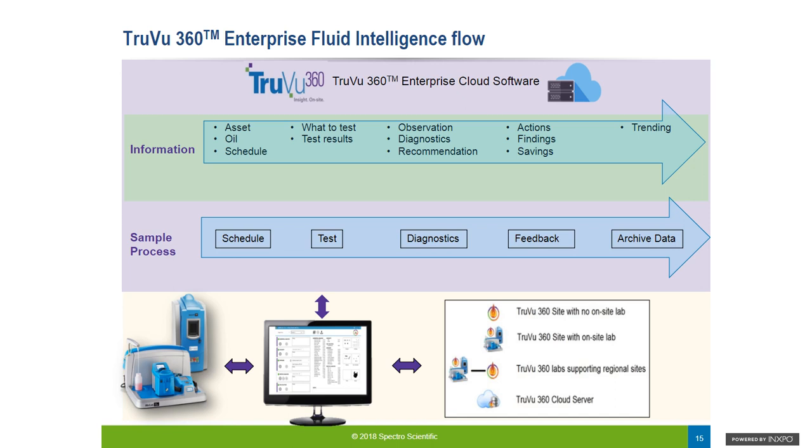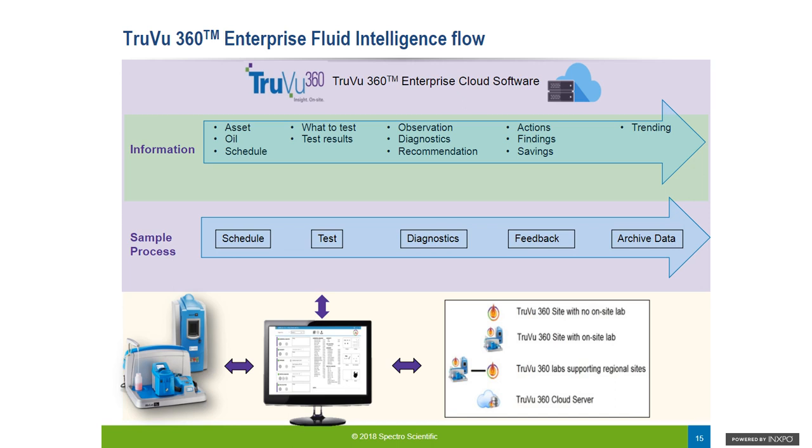The other aspect that I want to touch upon here now is the way this is set up. Since you can host it in the cloud or on your company server, you can have situations where only one site might have a MiniLab. So you see that one icon that says TrueView 360 with supporting regional sites.